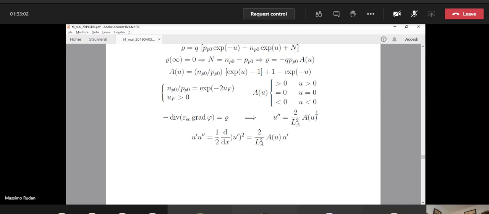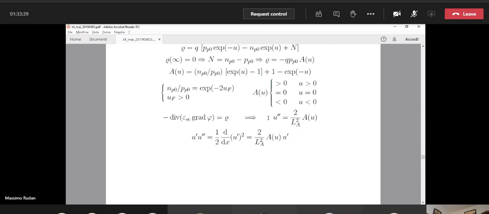Okay, so this is a second order differential equation, which is of course non-linear because A depends on the unknown u through the exponentials. Exponential of u, exponential of minus u. Okay, so it looks ugly, but it is not so ugly because this equation has a special property that nowhere in the equation we have an explicit dependence on x.